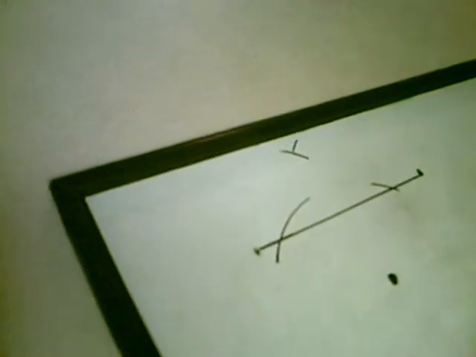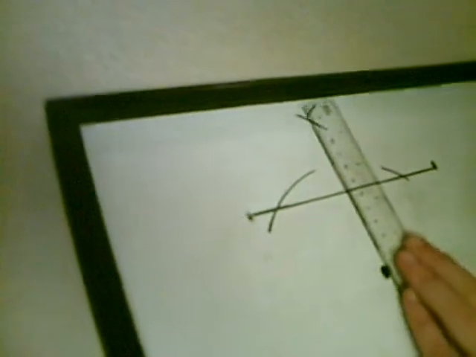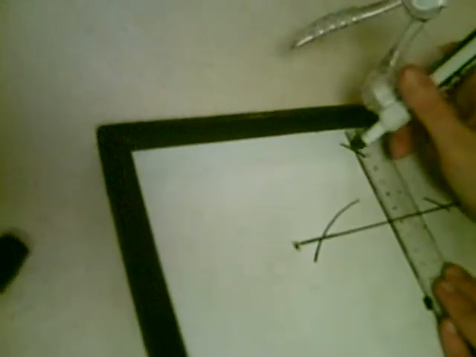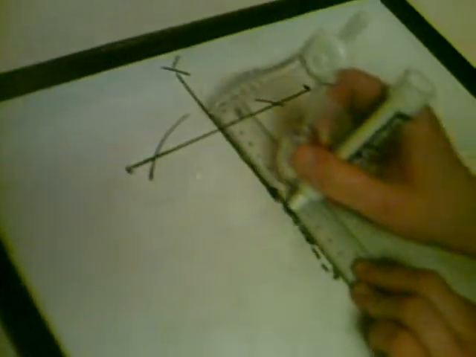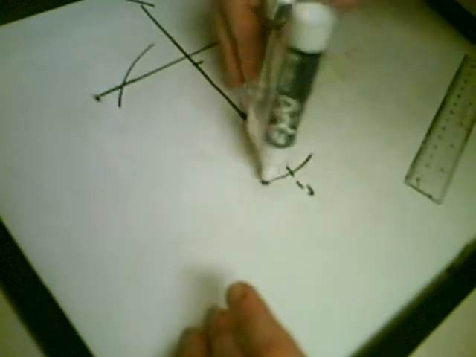There you go. So here's our perpendicular line. Now we're going to draw a perpendicular line to this perpendicular line. So we can continue this on outwards a little bit. Some arbitrary lines.